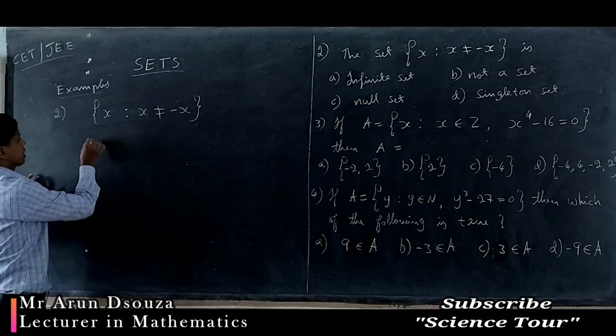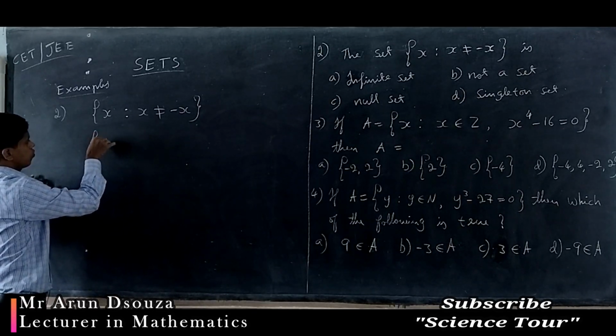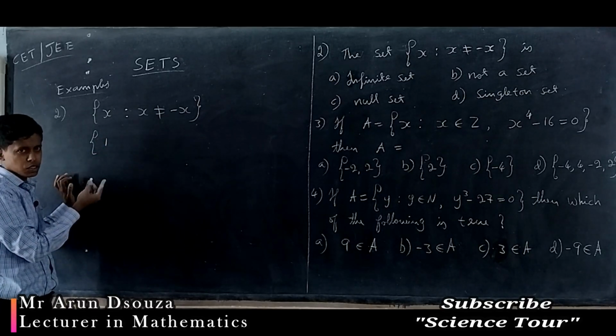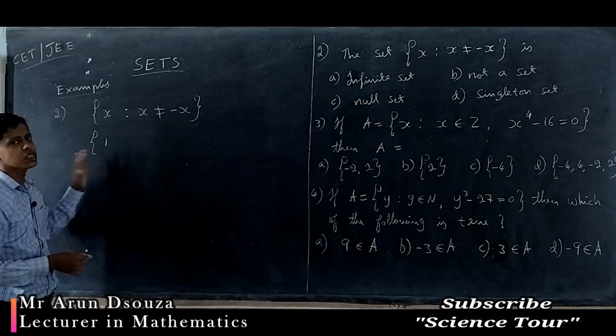Now which elements can you write here? Can you write 1? Not necessarily natural numbers, it can be any real numbers also. They have not mentioned anything, that means it's a real number.